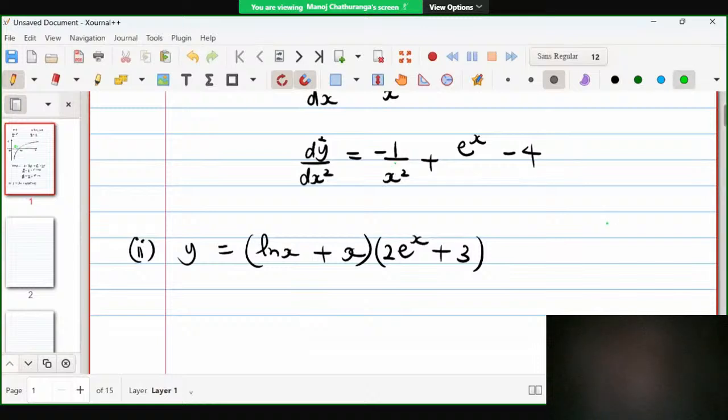The product rule says if you differentiate something like u times v, this is u v prime plus u prime v. Now apply the product rule.